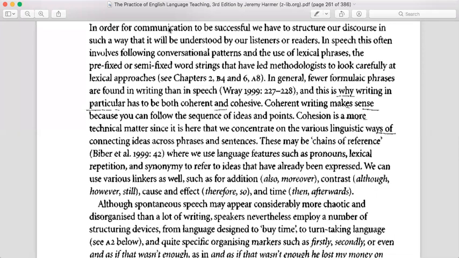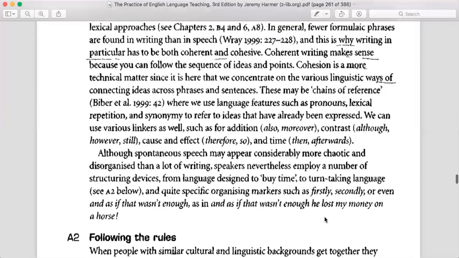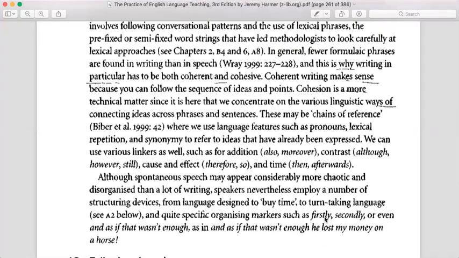Since we have talked about cohesion as a more technical matter, there we can have chains of references like anaphoric and cataphoric references, and these make use of pronouns. Please find out the difference between anaphoric and cataphoric reference for your further understanding. I'll ask you next time.